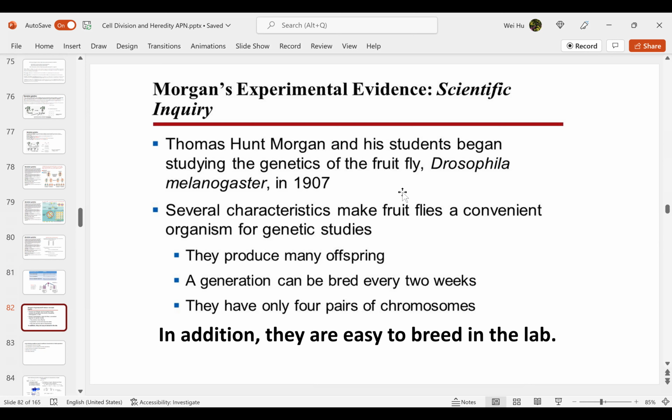So the advantages of Drosophila are, number one, they can produce a lot of offspring very quickly. And also they can generate the next generation in 2 weeks' time. And they only have 4 chromosomes. So you can actually grow them in the laboratory, which means you control water, food, sunlight. So everyone will have the same. Good.